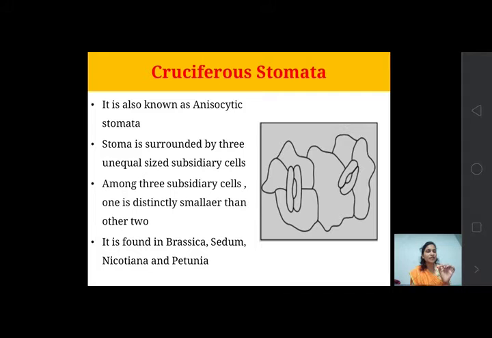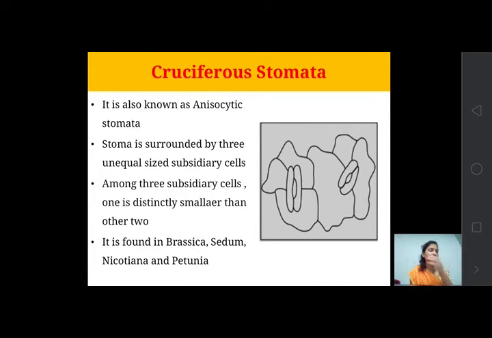The cell size of those present towards the outside of the guard cells is not equal, may vary. You can see in the picture the stoma which is surrounded by three unequal sized subsidiary cells.